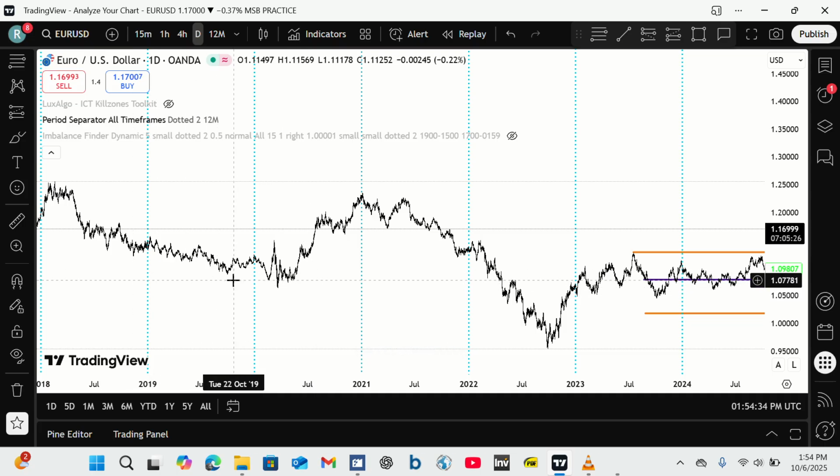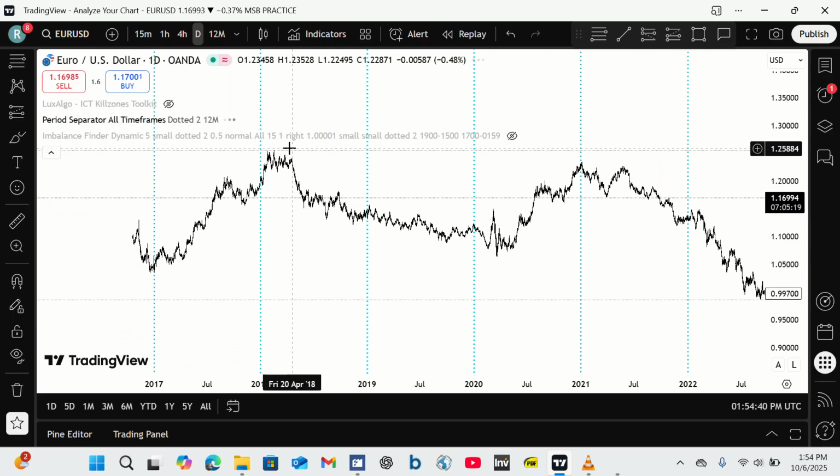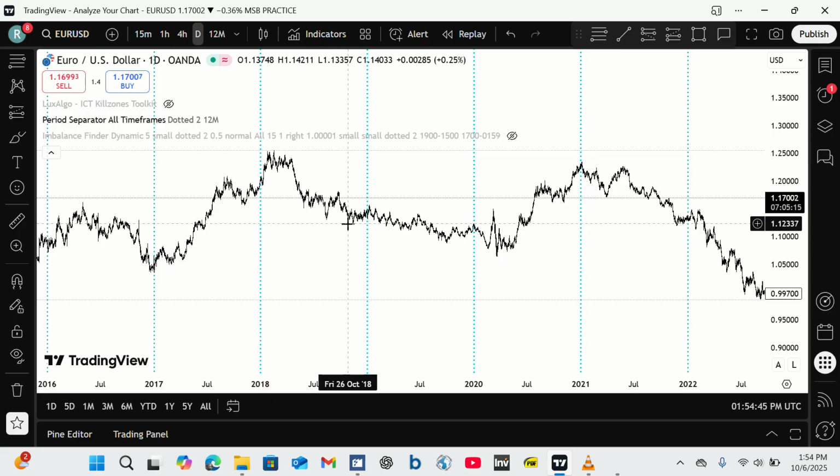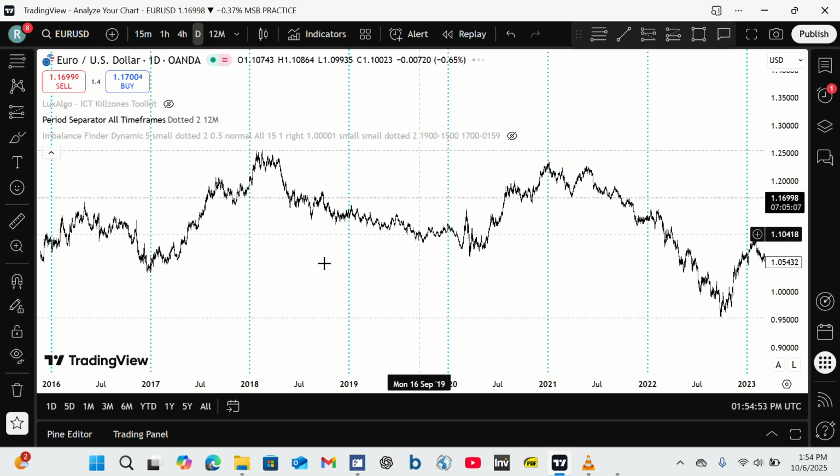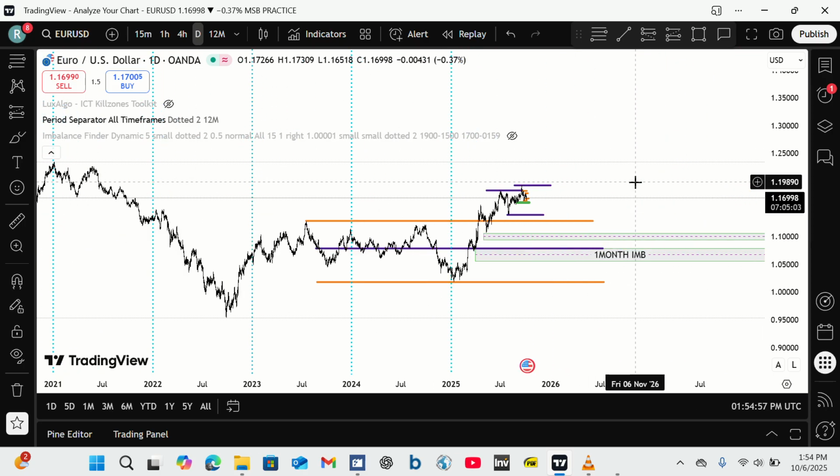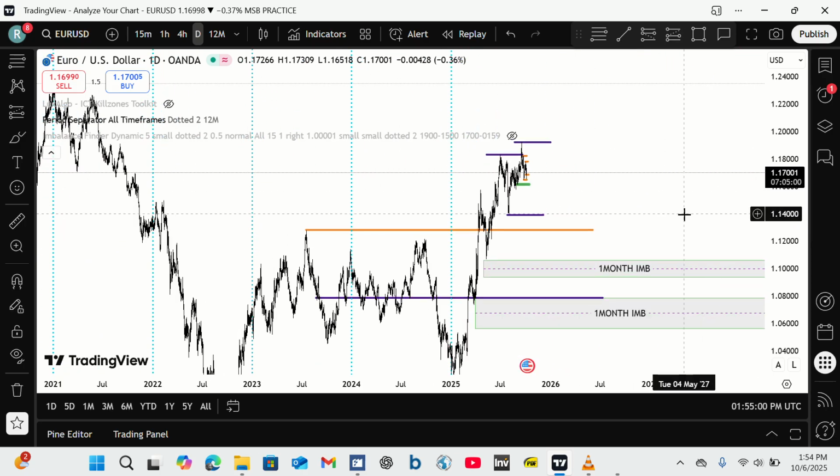Then the same thing for this, the high and I think the low here. When you mark these levels out, most of the time when price gets to these areas, it reacts.